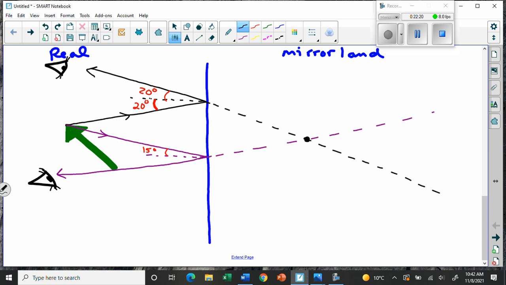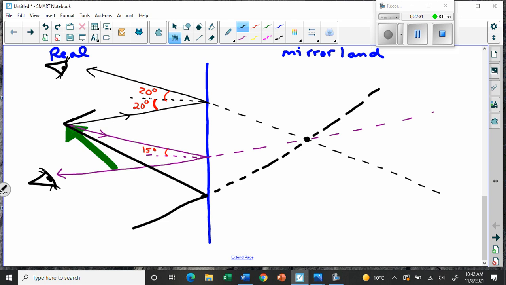And watch what would happen. I'll do them fast. This one would bounce down here. It would bounce off at the same angle, and it would look like it came from there. One that went this way would bounce up at the top, and it would bounce off at the same angle. Whoops, that's not the same angle. It would bounce off here and bounce off high like that. But it would look like it came from there.